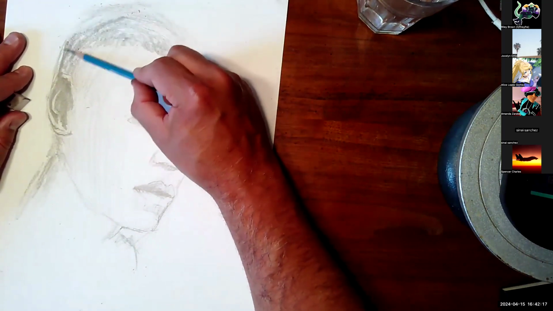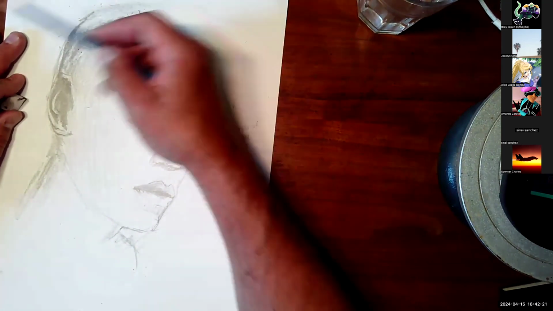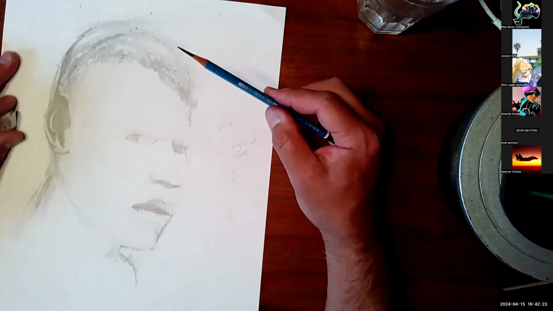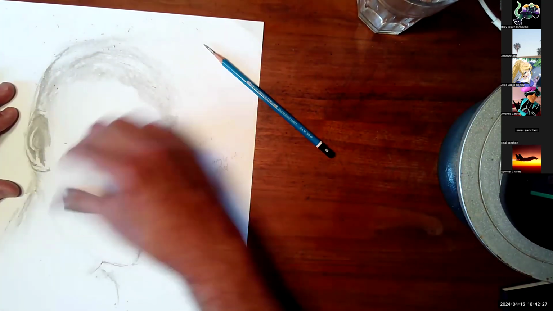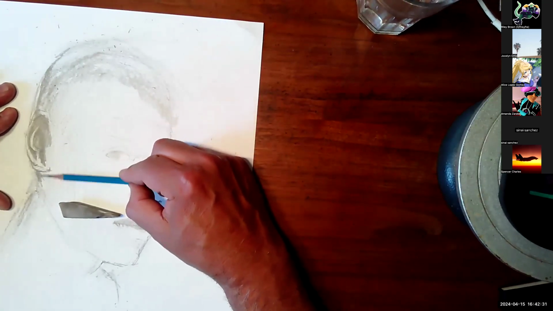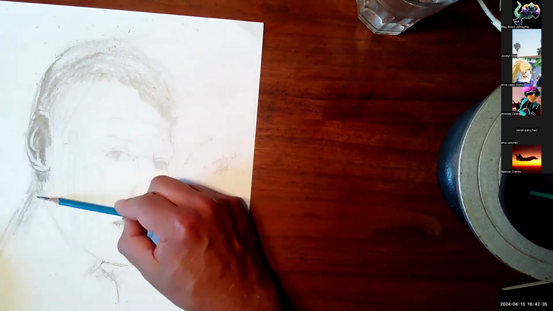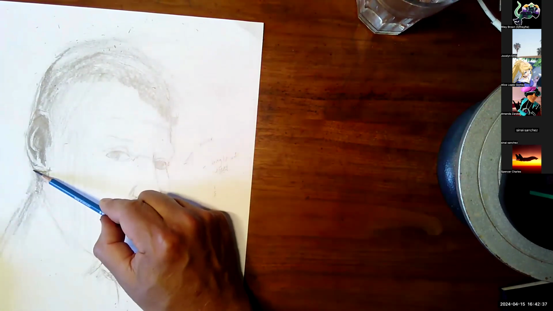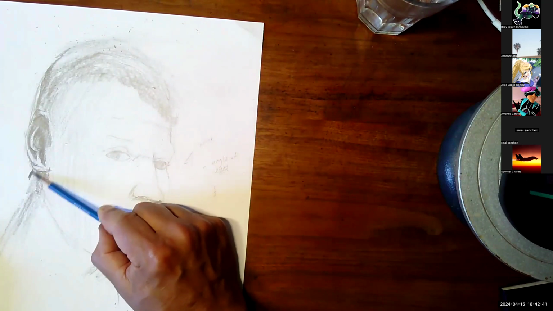We're running up on time here, guys, but as you can probably tell, you can't judge your drawing until you've got a lot of these shadows put in. Up in here, once these shadows are put in, a lot of the logic of the drawing will start to come into focus for you. So I'm going to go ahead and put in a little tuft, it looks like, back here.